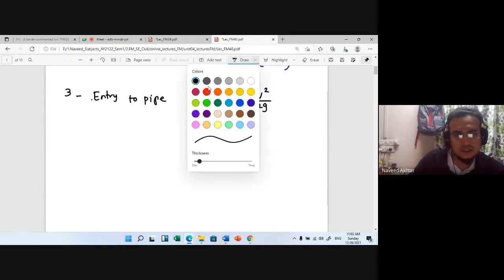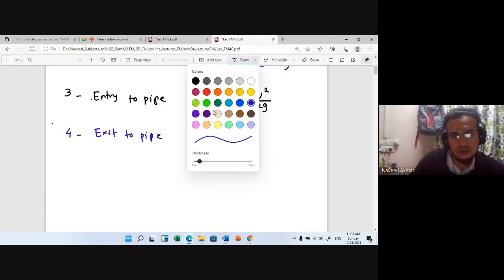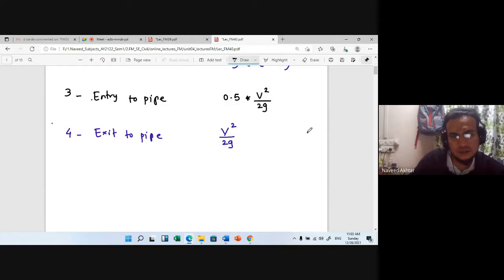And another loss is due to exit to the pipe, and it is taken as V square upon 2g.